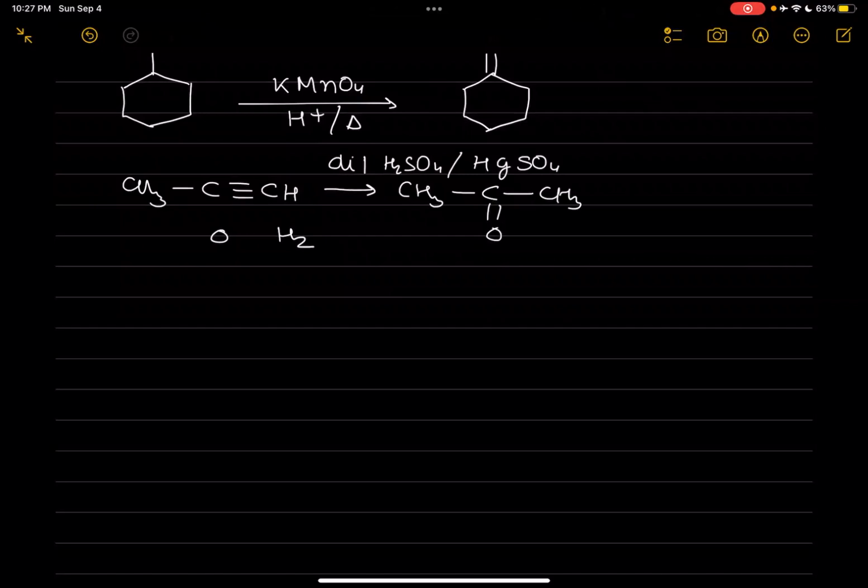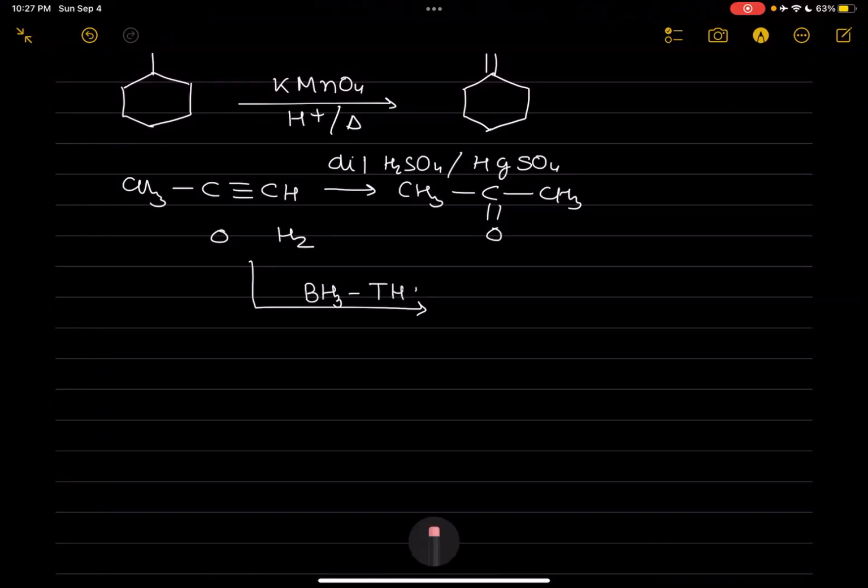In anti-Markovnikov fashion, if you want to add water, what do you need to do? Darshan, any idea? Peroxide, but you need hydroboration first of all. HBr with peroxide is the anti-Markovnikov addition of HBr, but we are adding water.